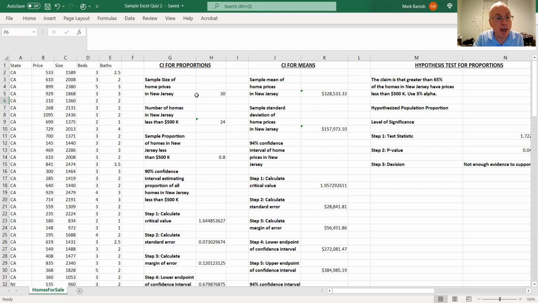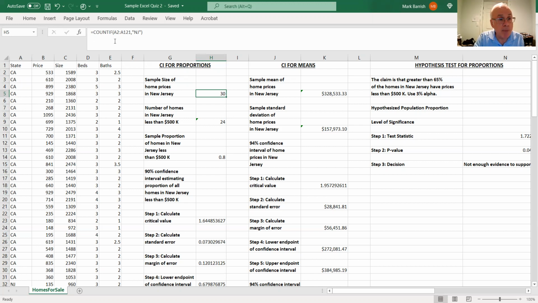So anyway, first thing you're going to be calculating, which will be used throughout the whole spreadsheet here, is the sample size. The sample size is really of home prices in New Jersey. What I used here is a special function called COUNTIF. It's counting. And what is the if here? Well, I'm referring to all the states that are listed here in column A, all 120 entries.